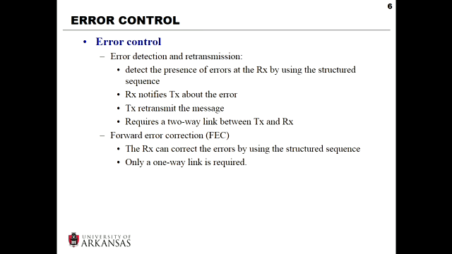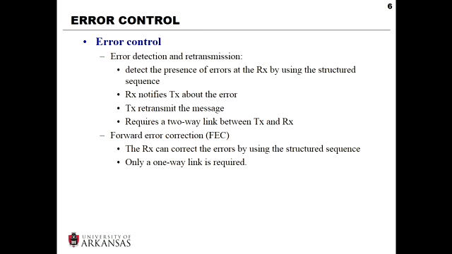So the only requirement for the first scheme is to detect the presence of the error. And if the error is detected at the receiver, the receiver can send back a negative acknowledgement to the transmitter, such that the transmitter can do a retransmission. This is kind of like a closed loop control. So there's a forward link, and also there is a backward link from the receiver to the transmitter.